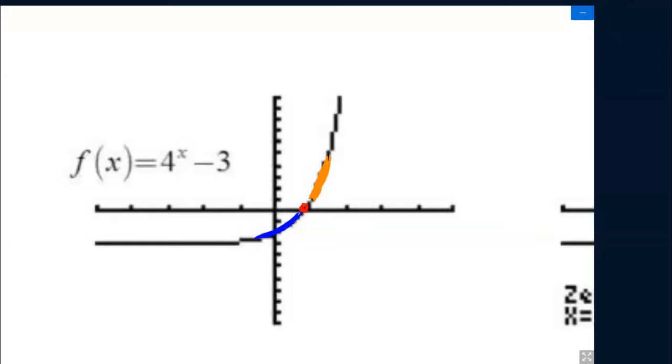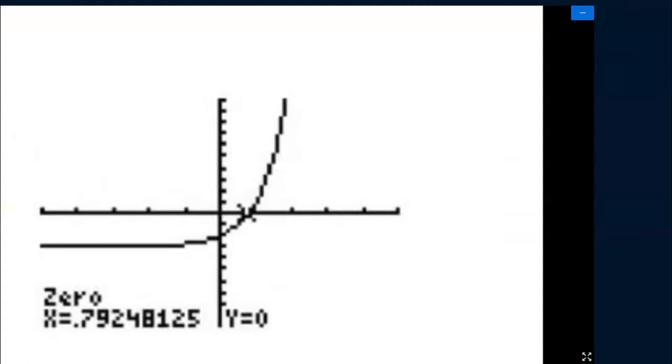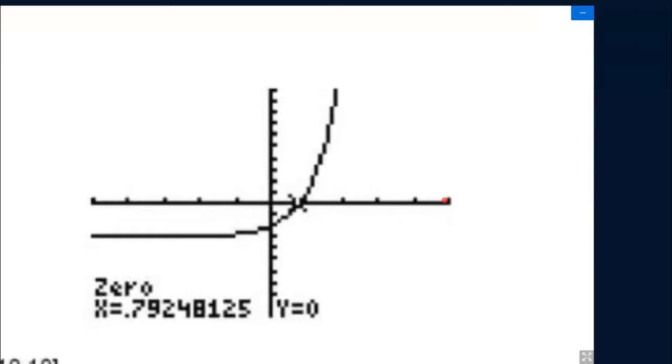After you do your left bound, you do your right bound. Your right bound needs to be somewhere in the orange. Hit enter again. The third enter is your guess. It means nothing. You can literally hit enter where you hit enter for the right bound. And then what should happen is you see that your 0 is at 0.792.